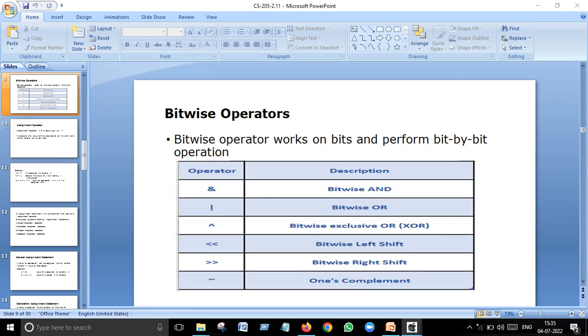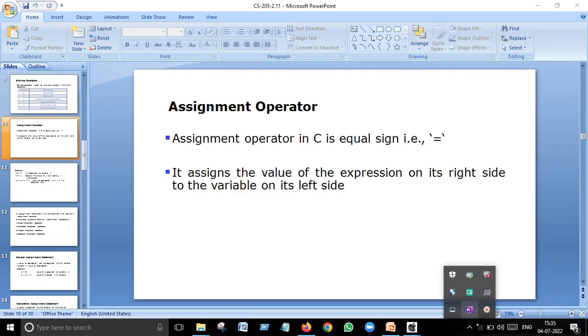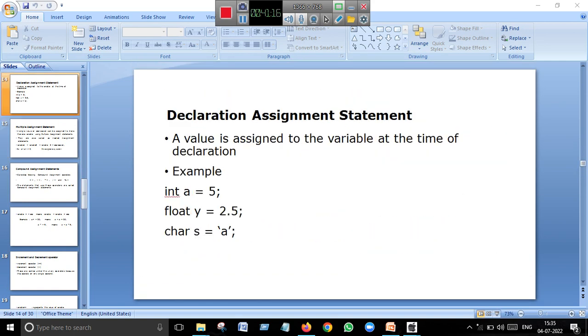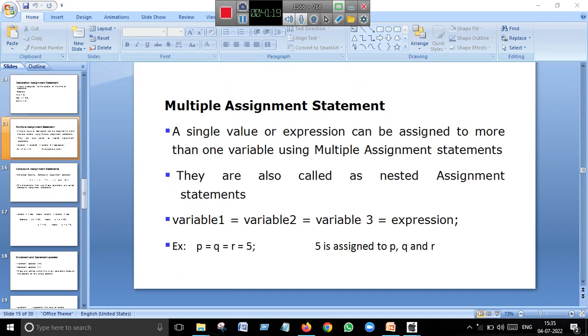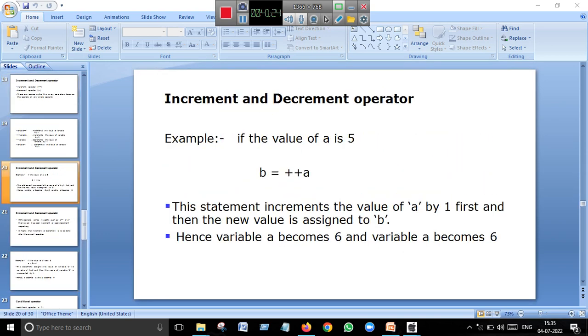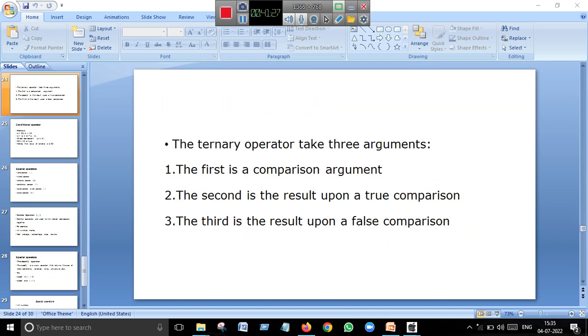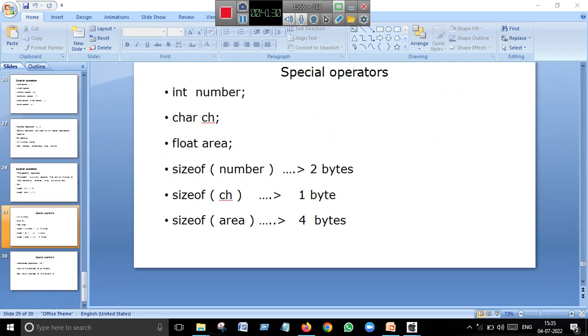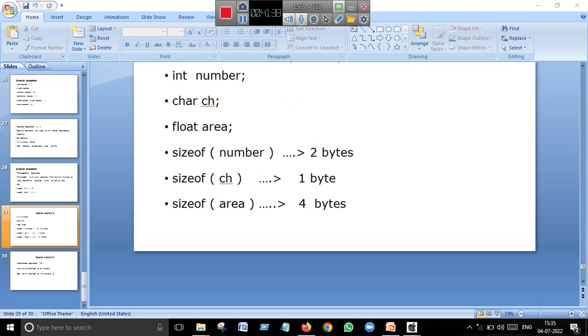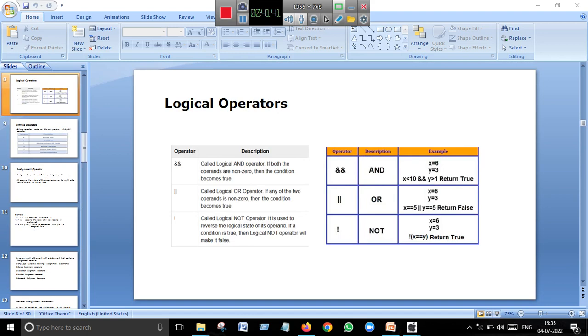These are the different types of operators that we have discussed in this class: different types of assignment statements, compound assignment, increment and decrement, and ternary, comma, and special operators. This is about the types of operators.